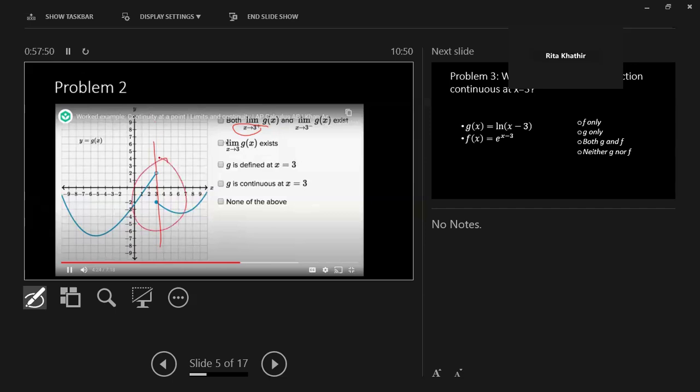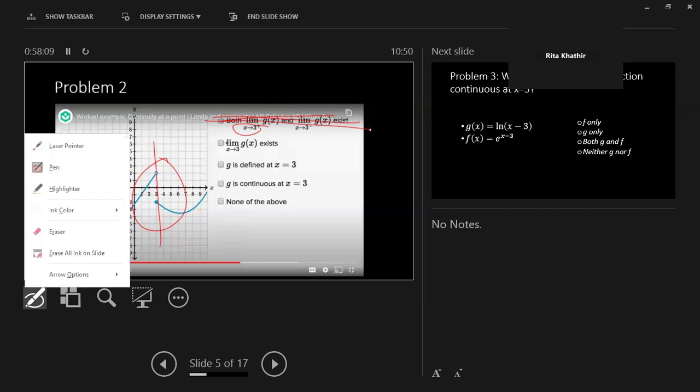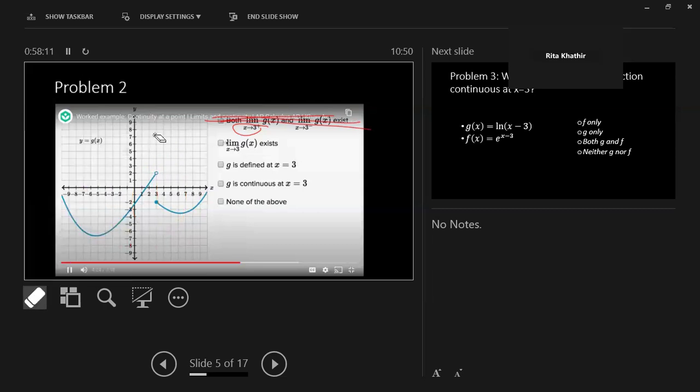And from this graph, it is one of the discontinuities we discussed before. So of course, you have to answer this very fast. Not exist. You can look again in slow mode, if you have slow mode.